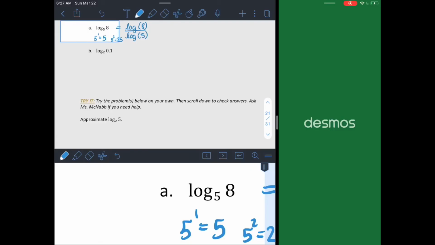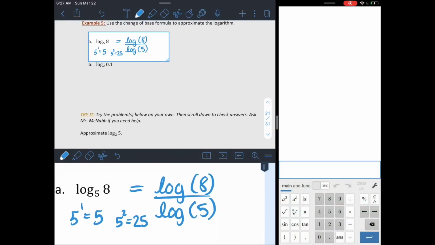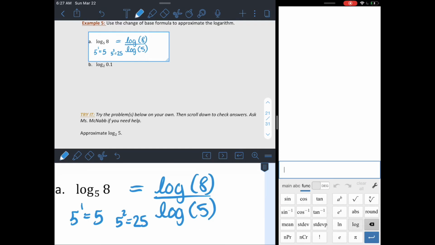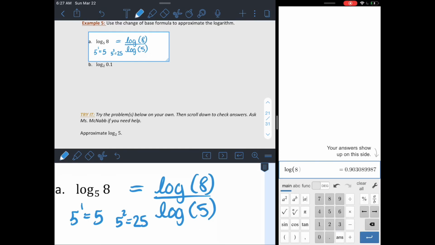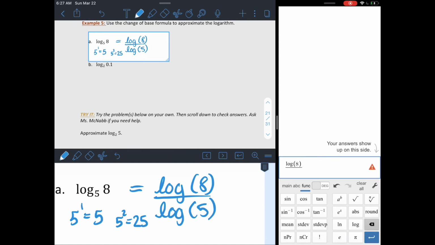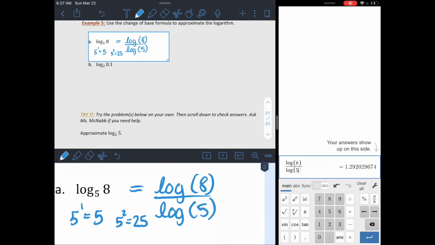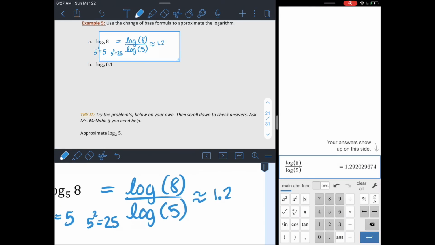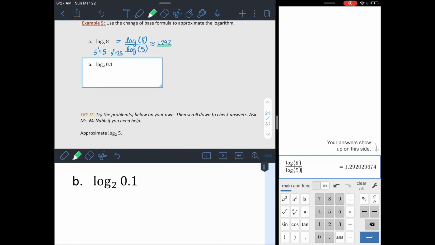So if I pop up a calculator over here, key is to make sure that you close your parentheses when you type these in. So I'm going to do log of 8, close parentheses, divided by log of 5. And you end up with approximately 1.292. So 5 to the 1.292 power should get you 8.